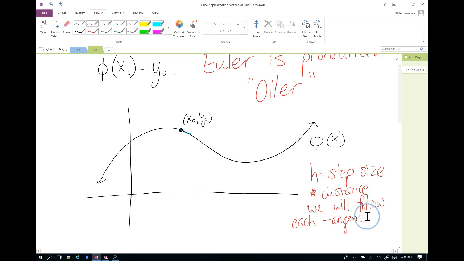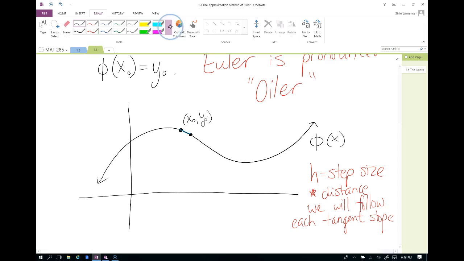Now, as long as we don't follow it too far, we should be able to stay pretty close to the solution curve. So those step sizes usually are really small, like a tenth or 5/100ths. We try to keep them pretty small. So we follow it a certain ways, and then we stop, and we see where we're at.